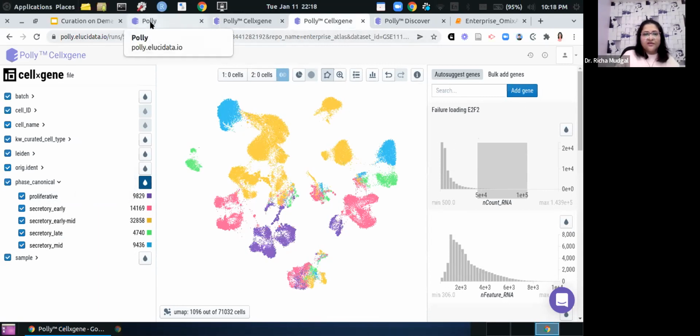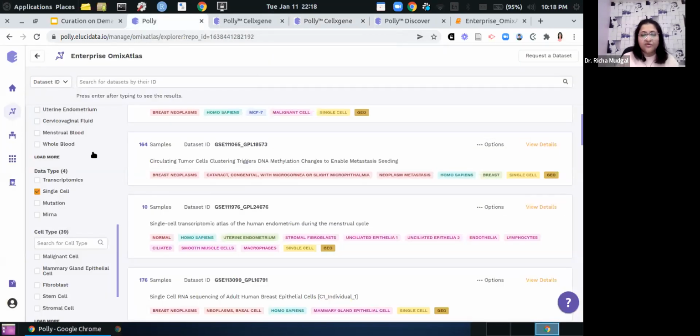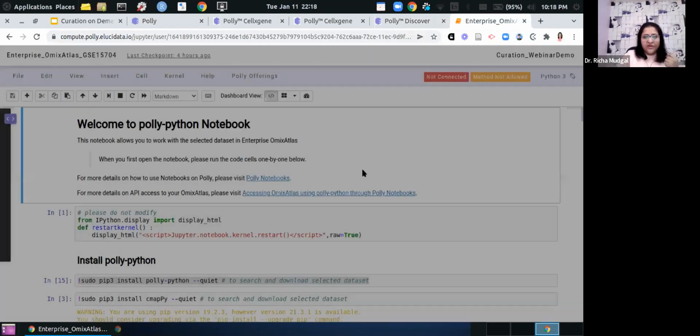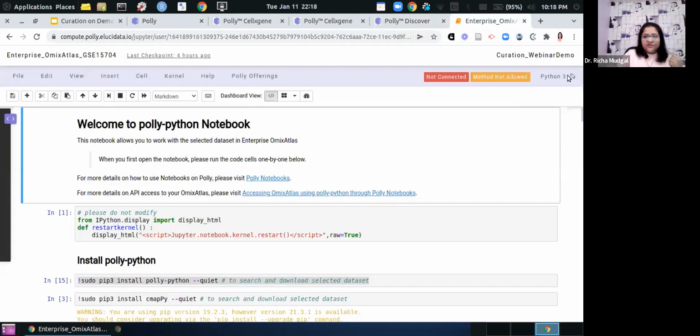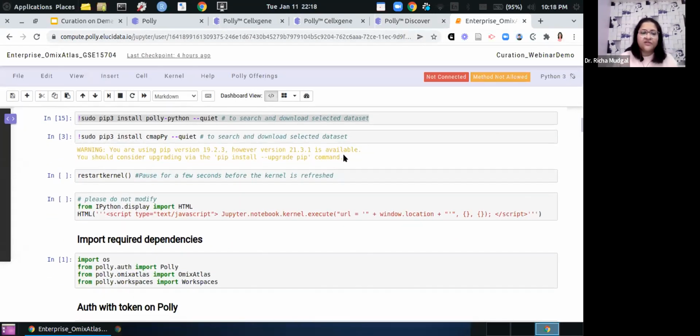Right. Going back to one of the key questions that we started off with, where they wanted to combine information from microRNA as well as transcriptomics data, it's something they could easily do in a notebook environment.